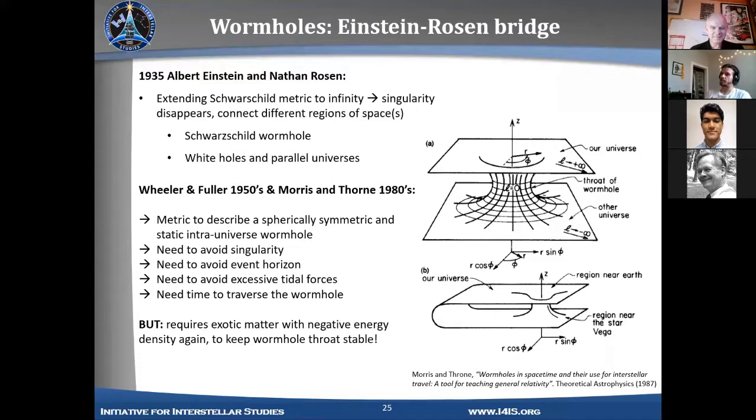And one of the first things that they noticed when they looked at this closer is that a wormhole in principle can form every time a black hole is created, but the pinch off of the throat here is so fast that not even light can travel through it. And to stabilize this kind of wormhole, again, we would need a lot of exotic matter with negative energy density. So we're back to the same problem.